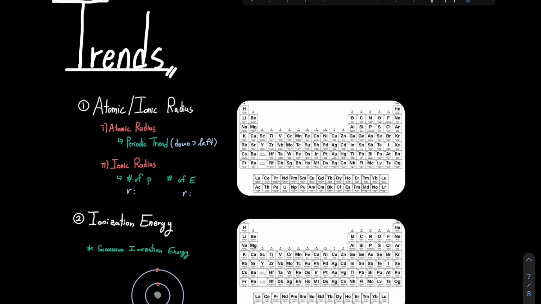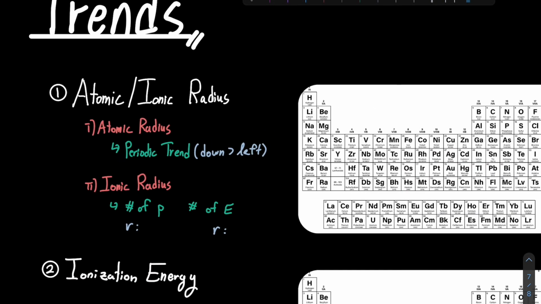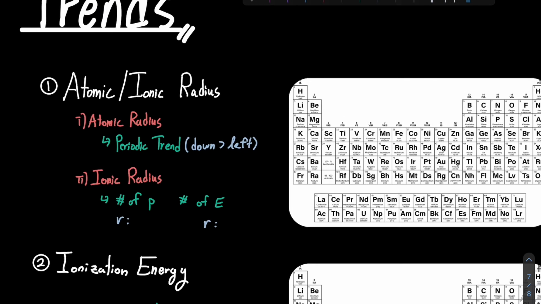So first of all, taking a look at atomic or ionic radius. This just means the radius of an atom, and the radius of an atom is calculated by the distance from the atomic nucleus to the farthest electron in the atom. This generally shows how big an atom is overall.